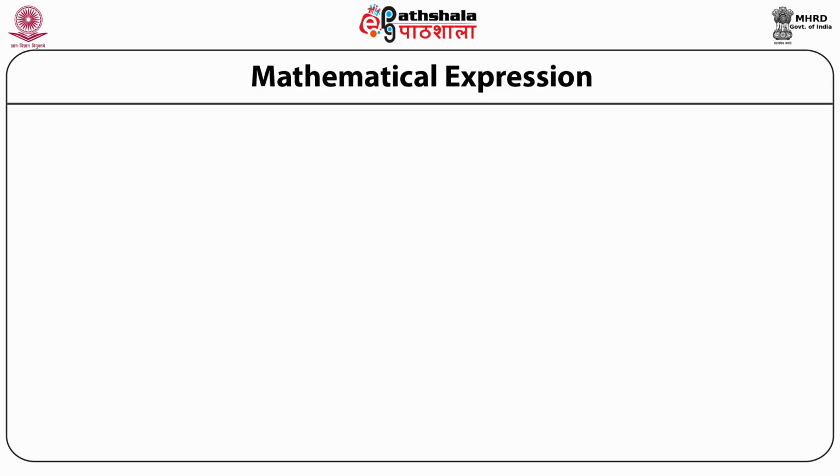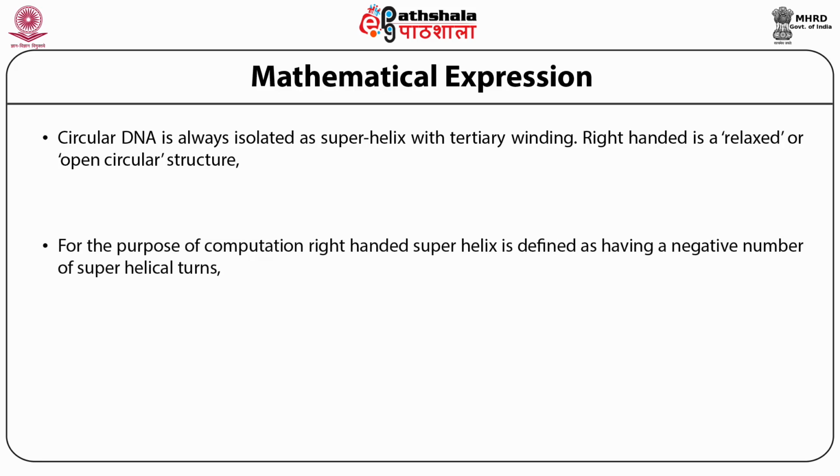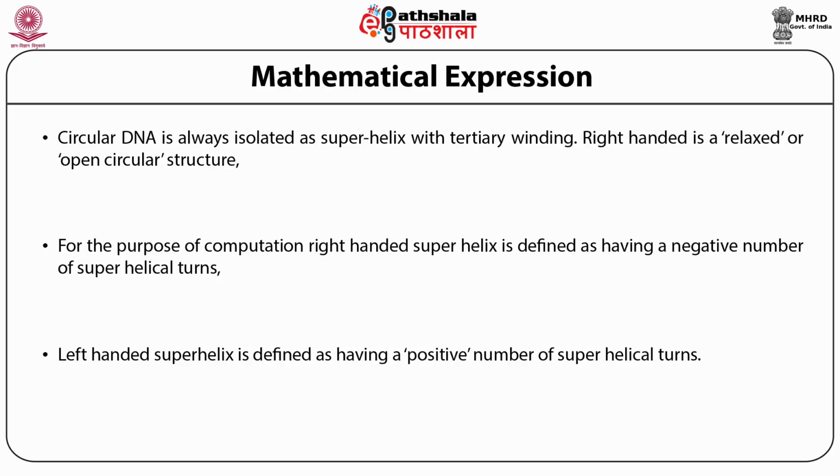Mathematical expression for circular DNA. Circular DNA is always isolated as a superhelix with tertiary winding. Right-handed is a relaxed or open circular structure. For the purpose of computation, a right-handed superhelix is defined as having a negative number of superhelical turns, whereas a left-handed superhelix is defined as having a positive number of superhelical turns.